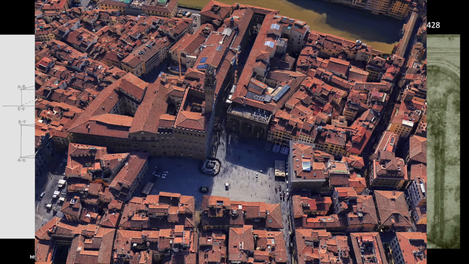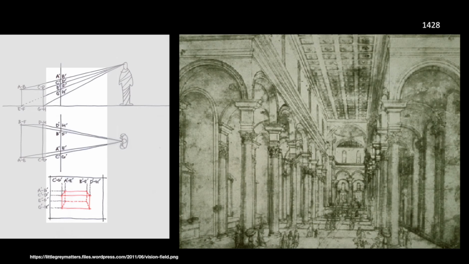But still, the Santo Spirito, 1428, we can see it is one focal point. The horizontal lines are all parallel, which they are not in the advanced Perspectiva Artificialis.